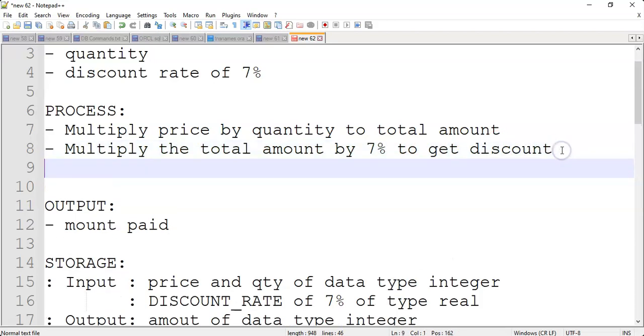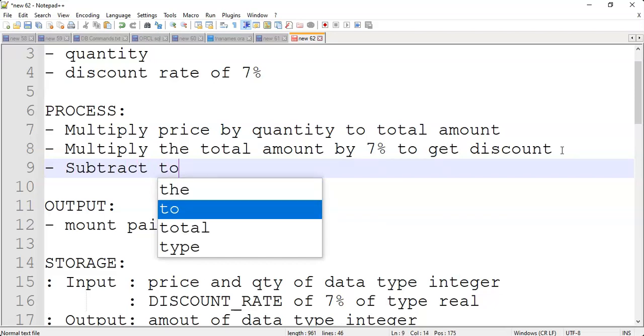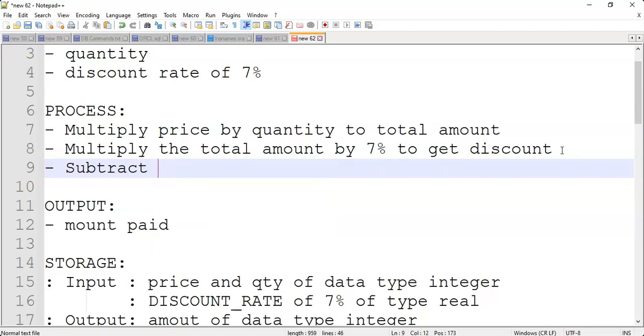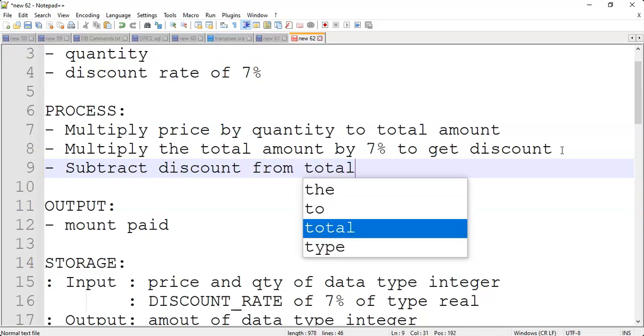We also need to have another stage. Now that we know the total amount and we know the discount, that can help us to know amount paid. So in this case, we are going to do the subtraction. Subtract discount from total amount.